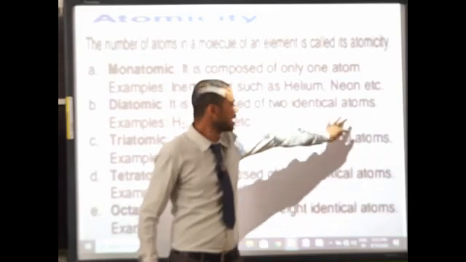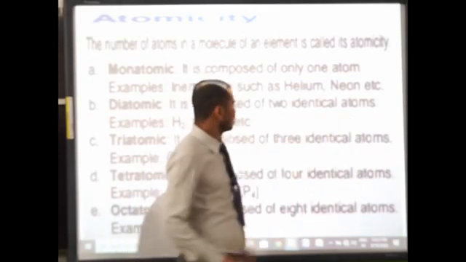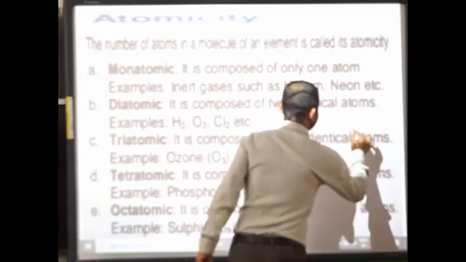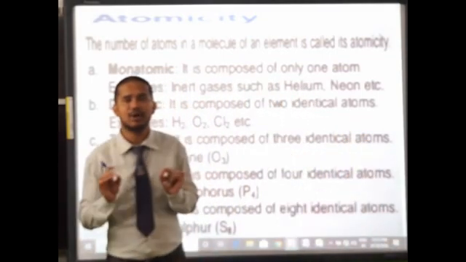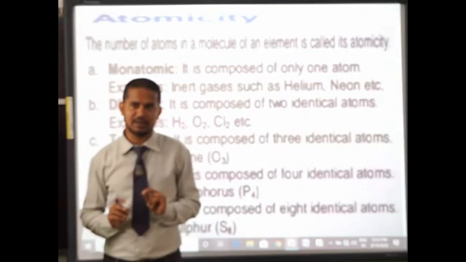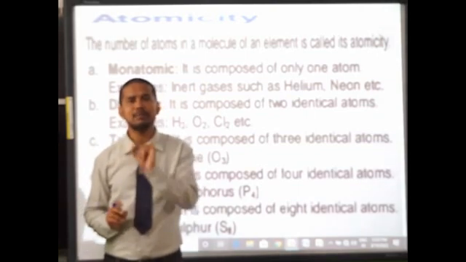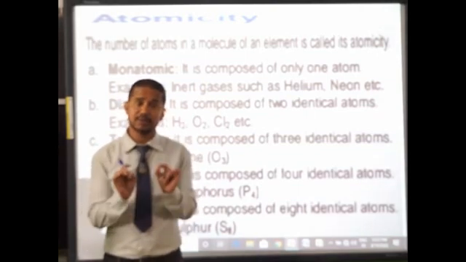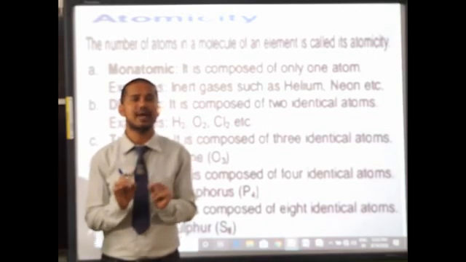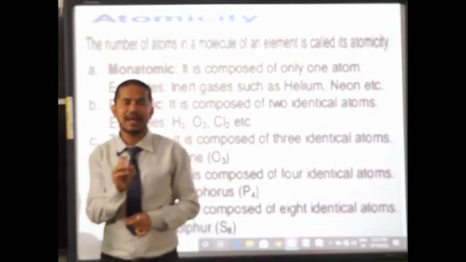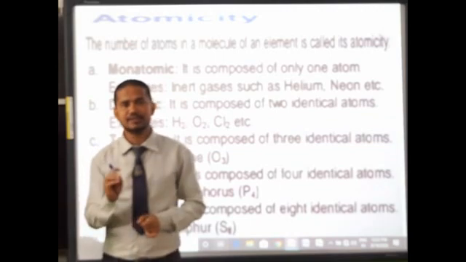But if I write O2, then it is a molecule of oxygen. So O2 means a molecule of oxygen. Why? Because oxygen is a diatomic element. Its molecule has two atoms.